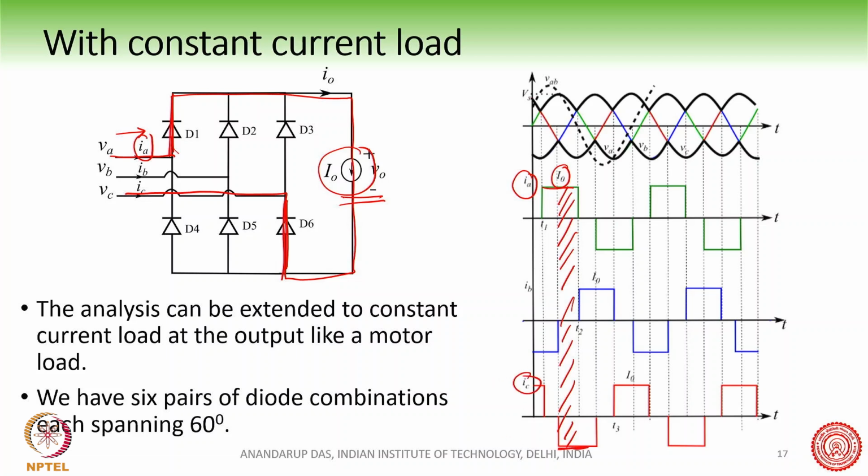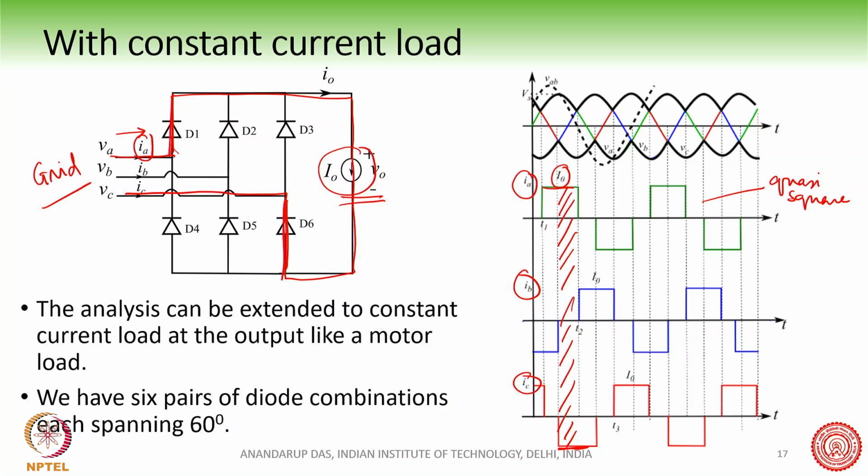Therefore this waveform, the source current waveform, is all quasi square. This is the current taken from the grid, and it is all quasi square.